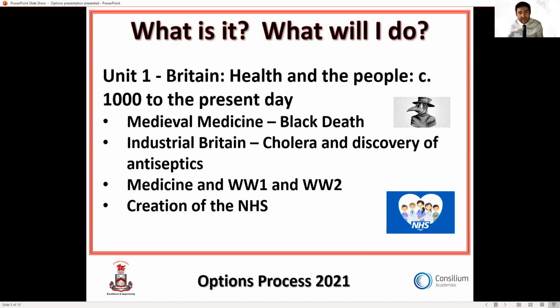We'll be looking at medieval medicine, so things like the Black Death, industrial Britain, so the invention of the microscope, cholera, antiseptics, anesthetics, medicine in World War I, and then medicine in World War II, and also the creation of the NHS, which I'm sure everyone's aware has a lot more significance. So learning about how that started, bridging that gap to where we are now, is still really, really important.